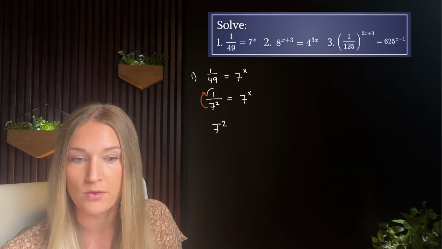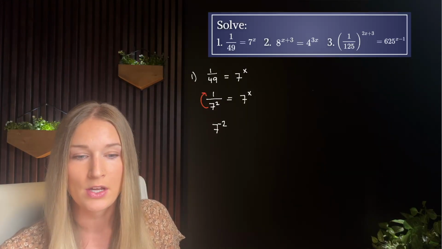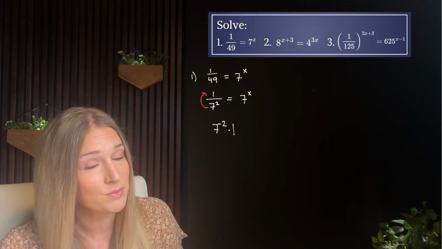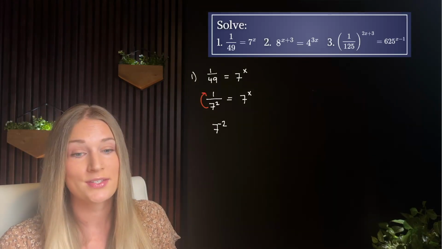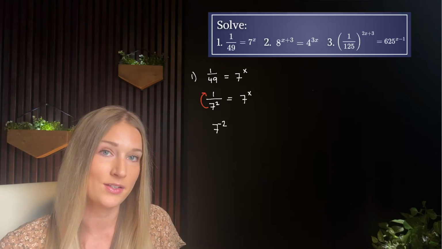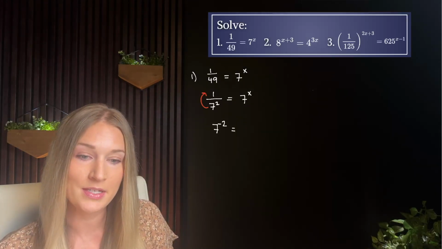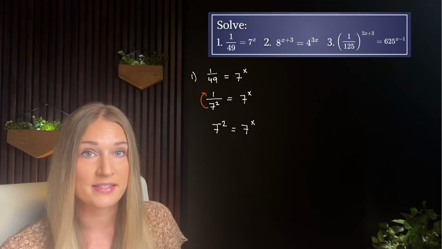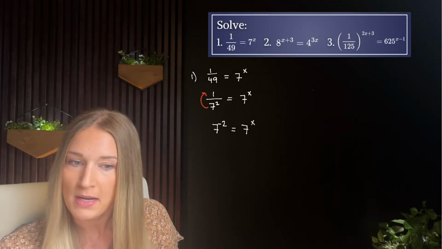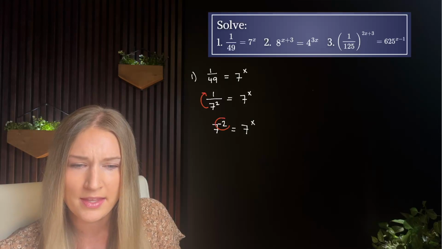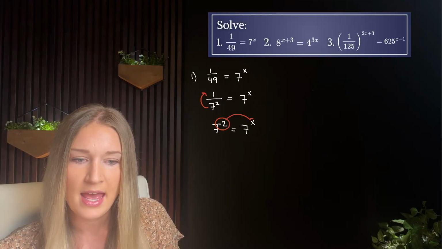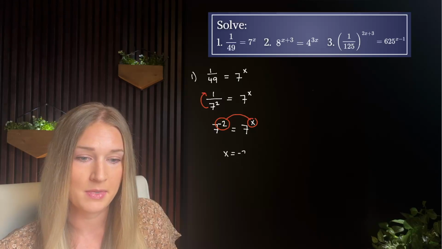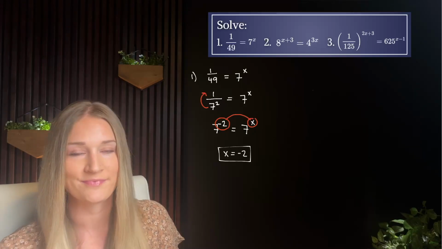There's already a 1 in the numerator, so I just multiply by 1, but I don't need to write that. So this is just 7 to the power of negative 2 equals 7 to the power of x. Now that I have the bases matching, I can use my logic to say the only thing that makes sense is that x equals negative 2. So that is my solution to this equation.